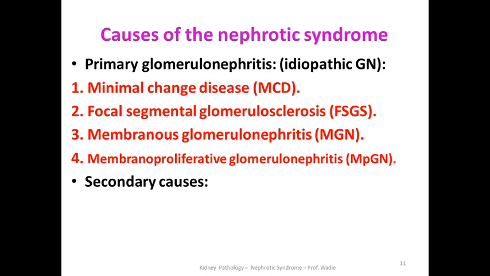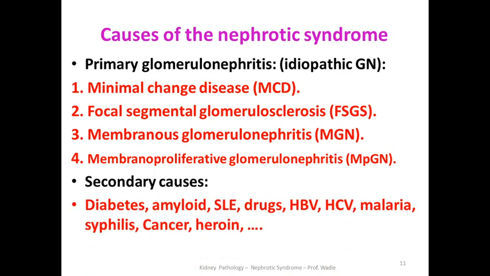And then we have the secondary causes of nephrotic syndrome that include a large list of diseases. The most common of them are diabetes mellitus, amyloidosis, systemic lupus erythematosus, drugs, hepatitis B and C viruses, malaria, syphilis, cancer, and heroin.